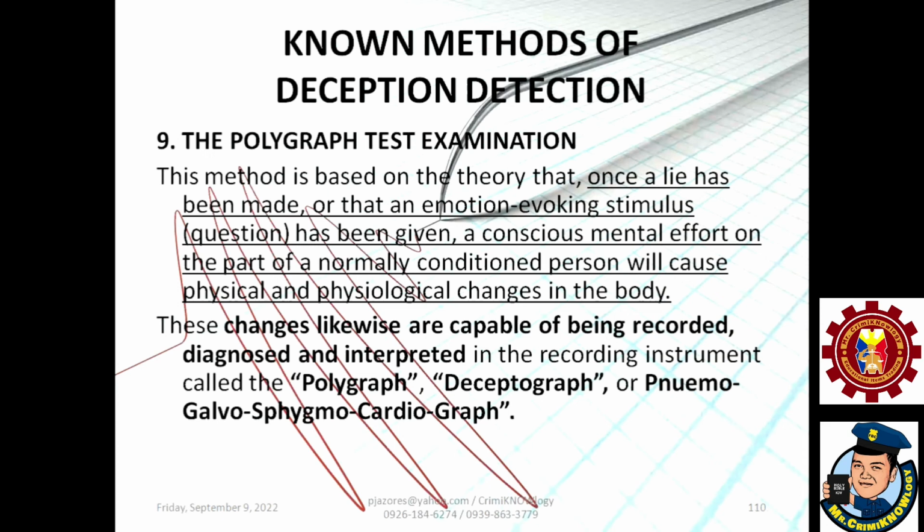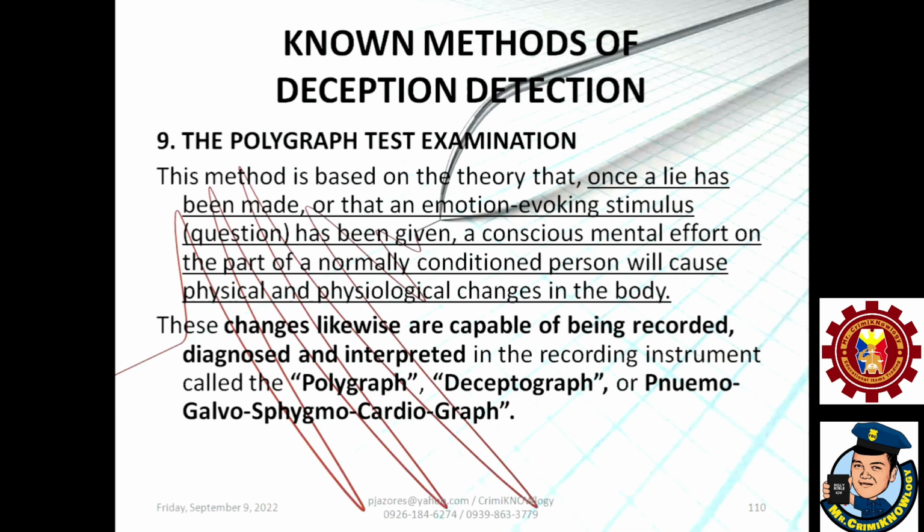Usually, the common changes are the breathing pattern, the blood pressure, and the galvanic skin reflex, or the emotion and the electricity in the body of the subject. And those changes likewise are capable of being recorded if we use an instrument. That instrument is called polygraph.